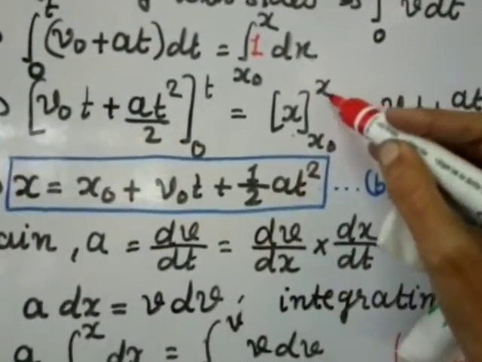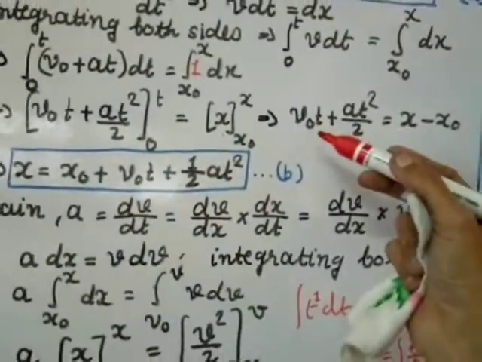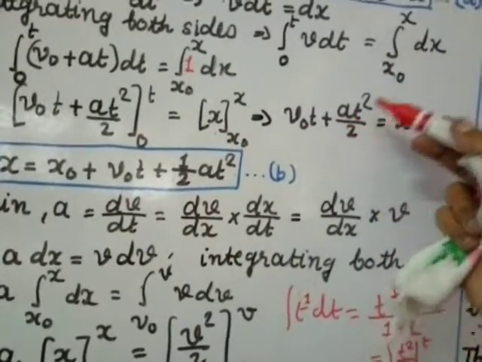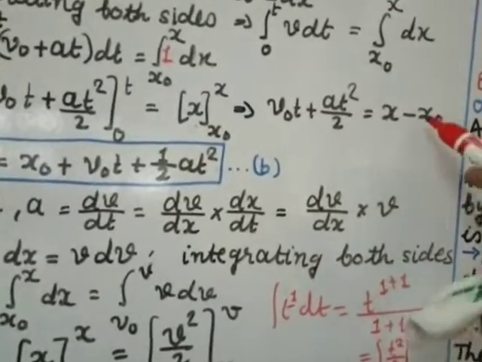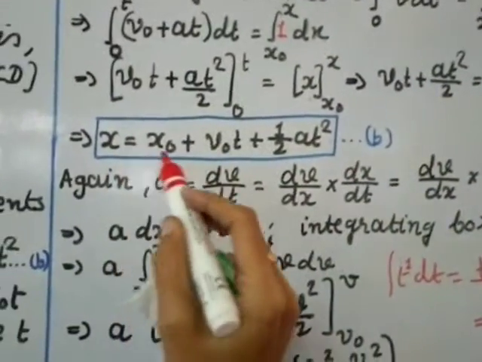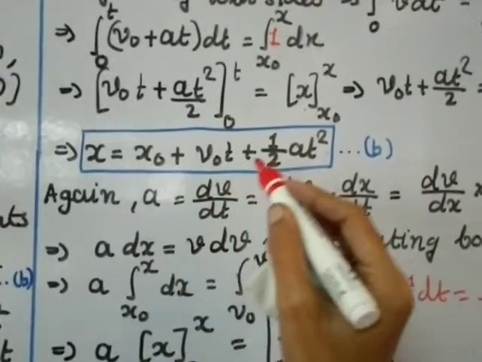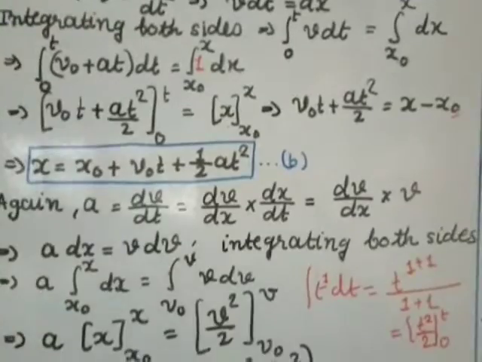And here apply the upper limit x minus the lower limit, so after applying the limit, v0t plus at square by 2 equal to x minus x naught. This minus x naught transfer over here, so it becomes plus and start from x, so you get x is equal to x naught plus v0t plus 1 by 2 at square, call it equation B. So that is the second equation.